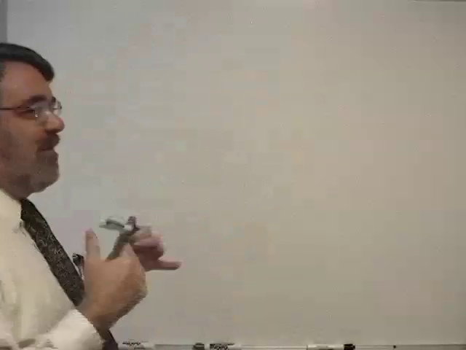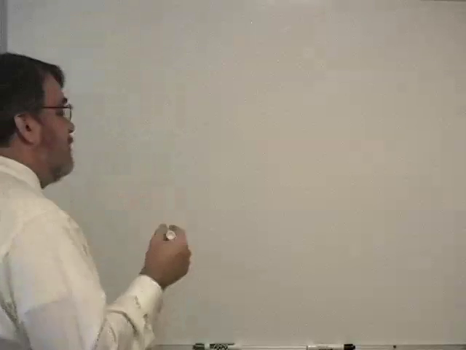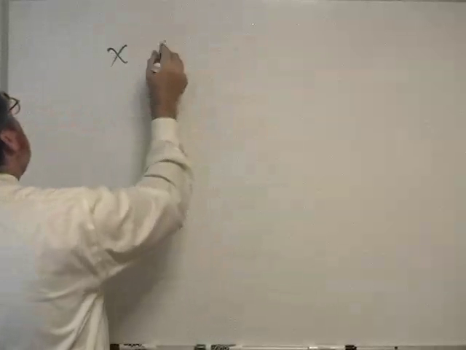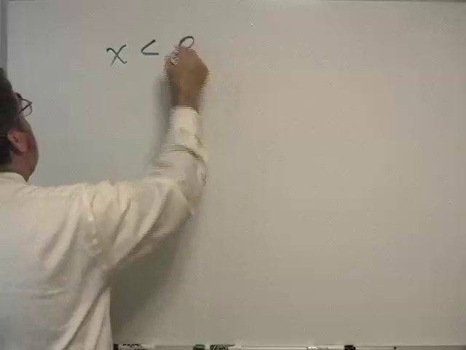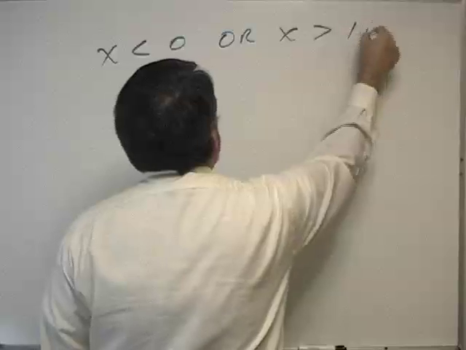All right, so let me show you how this translates into these inequalities. And here's a typical type of solution you may end up with. Suppose that x is less than 0 or x is greater than 10.